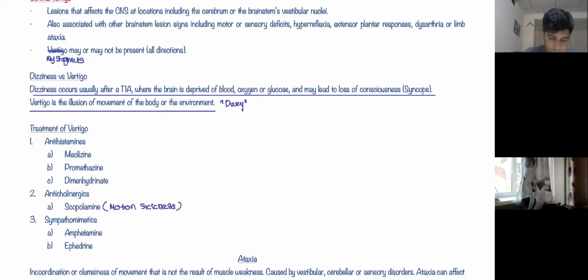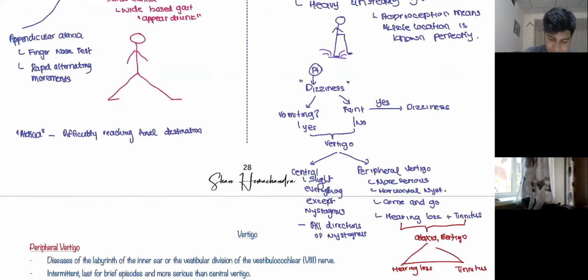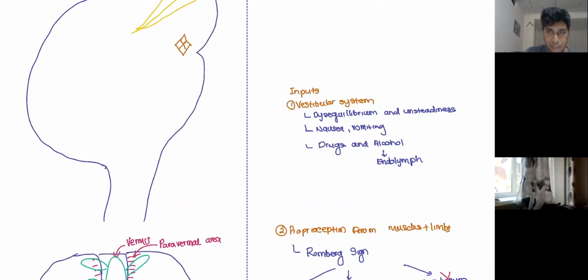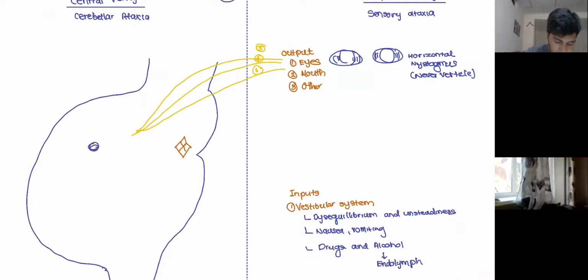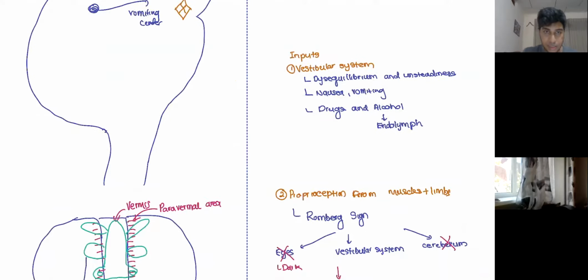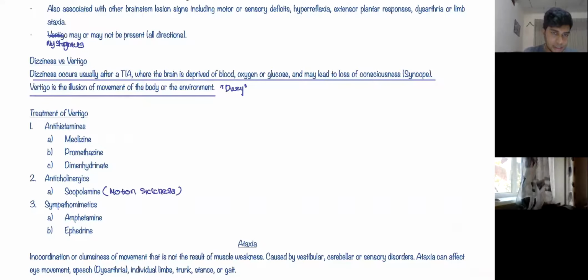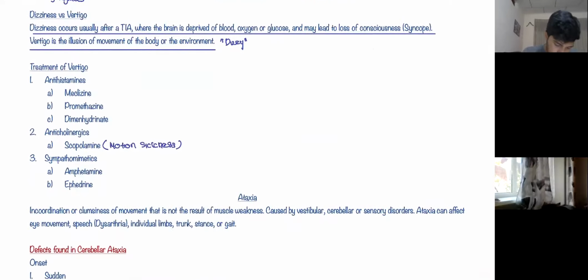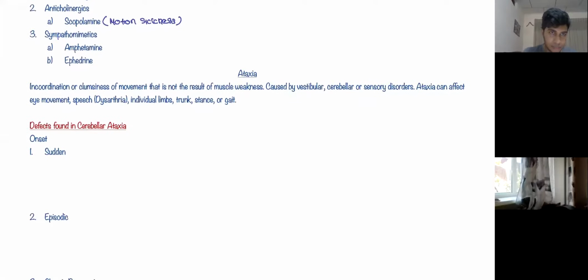That is because there is going to be vestibular dysfunction, and that leads the cerebellum to cause activation of something called the vomiting center. The way to treat that is scopolamine. And amphetamines, ephedrines, they are the drugs.